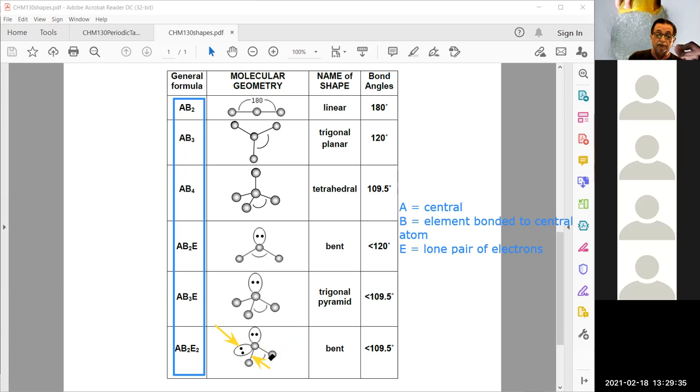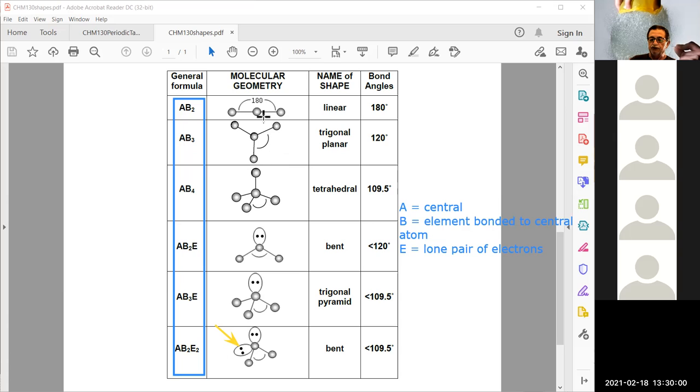Once we have the central atom, we have 3 pieces of further information. If our central formula ends up as AB subscript 2, then the next column tells you the molecular geometry of that compound.